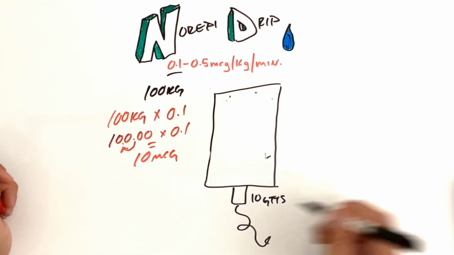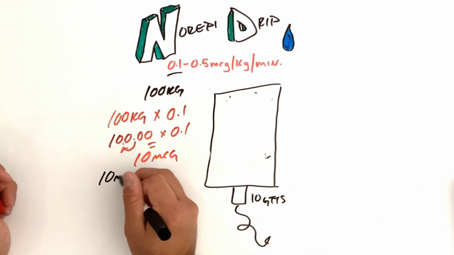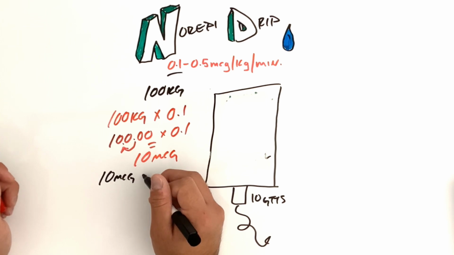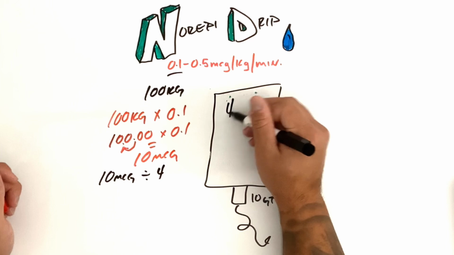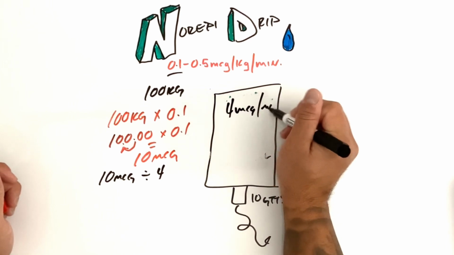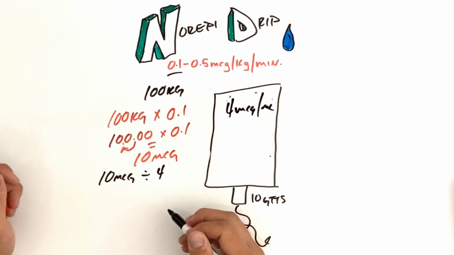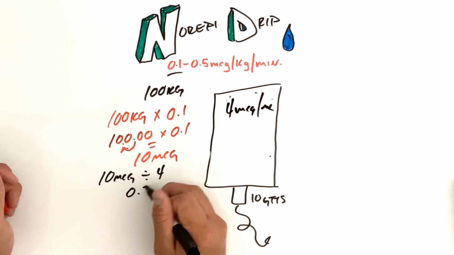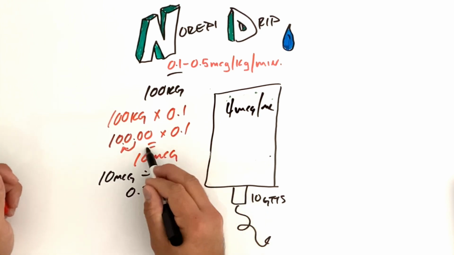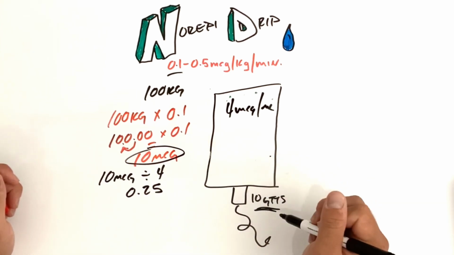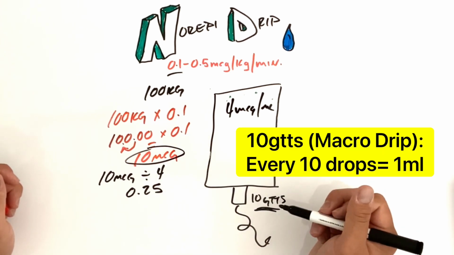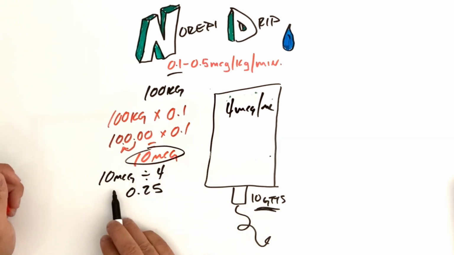So the next step is I'm going to take my 10 micrograms, and I'm going to divide it by our 4 because our concentration was 4 mics per ml. So once I do that, that's going to give me 0.25. So remember, this is how much medication we're going to give, but now we're trying to find out what our drips are going to be, how many drops a minute I want to achieve. So we have our 10 micrograms.